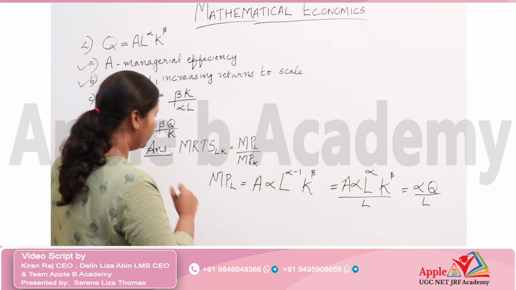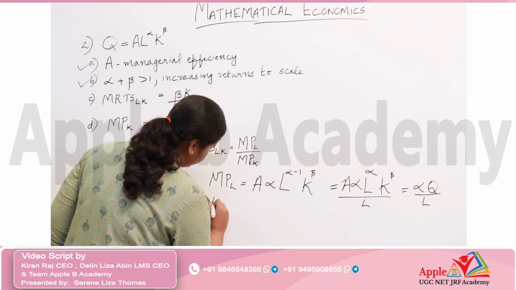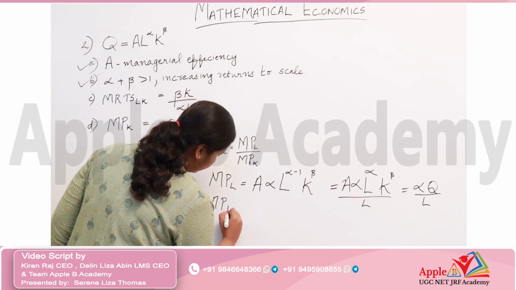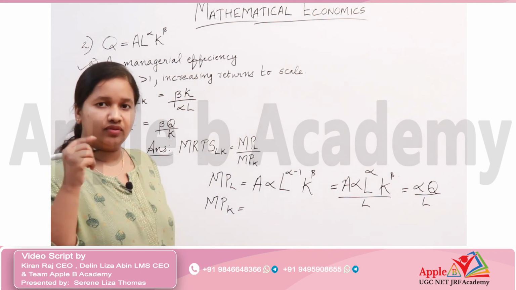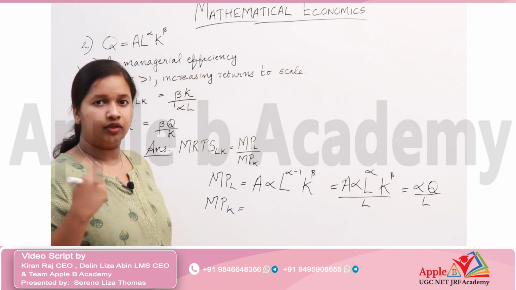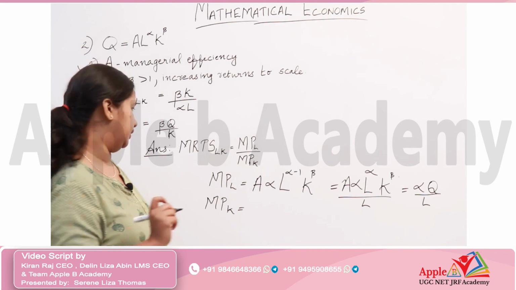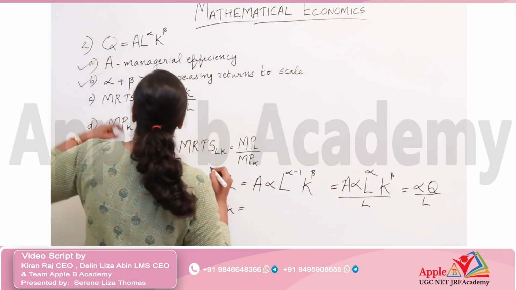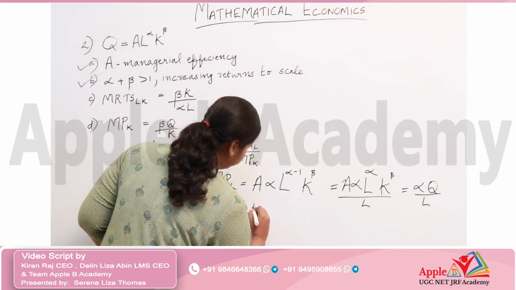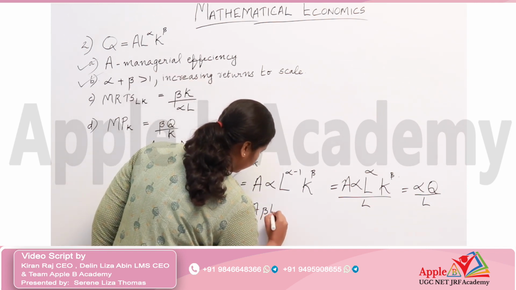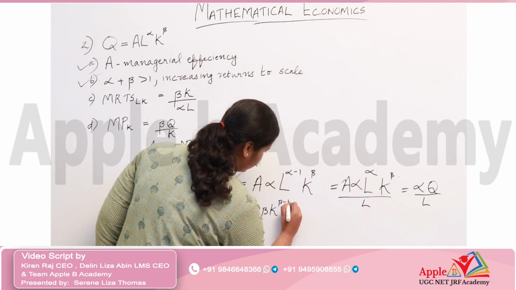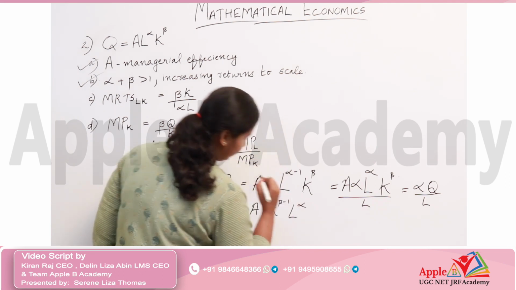Now we need to find the marginal productivity of capital. The same procedure is used. We partially differentiate Q with respect to capital. So we get A beta K raised to beta minus 1, L raised to alpha.